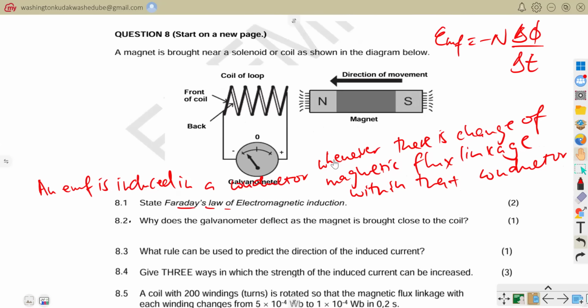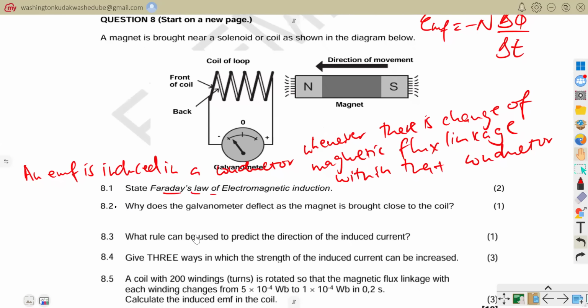Now they are saying, why does the galvanometer deflect as the magnet is brought closer to the coil? So when the magnet is brought closer to the coil, we are going to see that there is change of magnetic flux linkage. As the magnetic flux linkage is changing, there is an induced EMF.